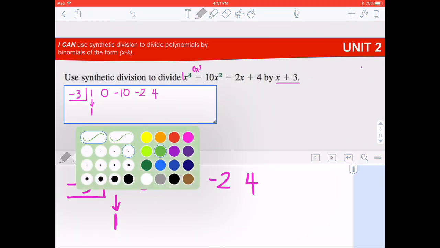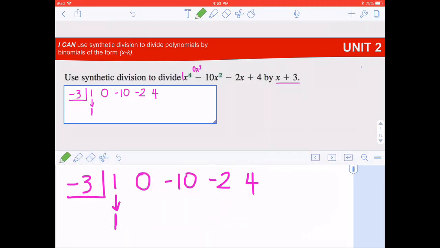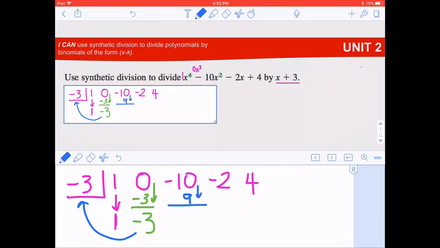And so next I'm going to take 1 and multiply it by negative 3, and that gives me negative 3. And then we're going to go down, so 0 minus 3 is minus 3. Now we go multiply. Negative 3 times negative 3 is positive 9. We go down, so negative 10 plus 9 is going to be negative 1.